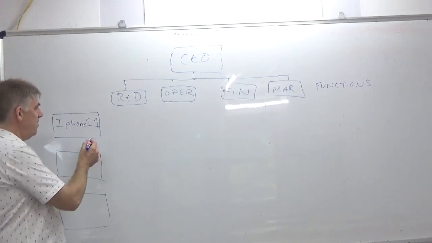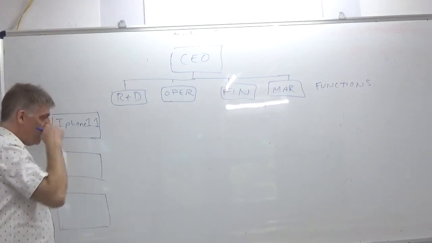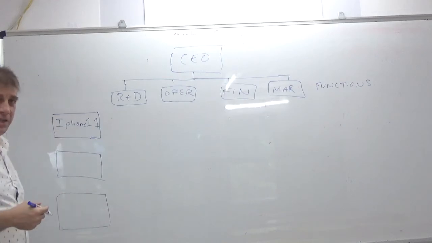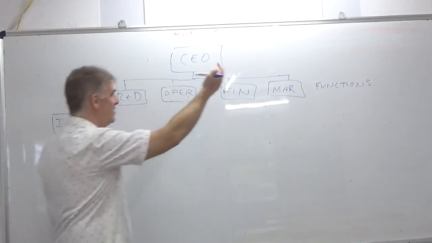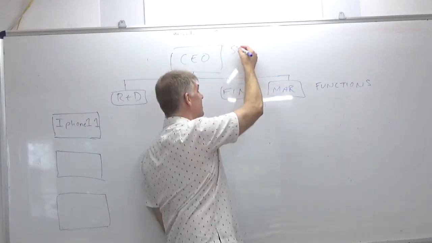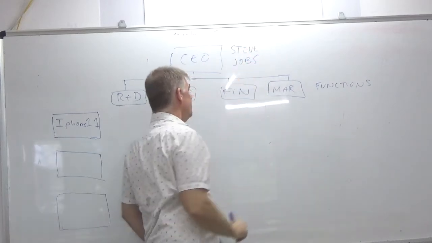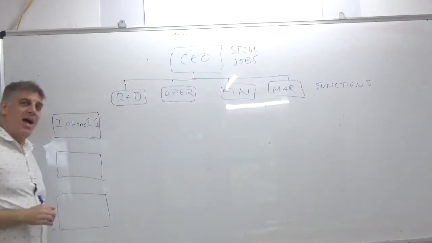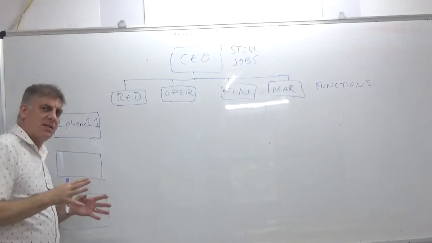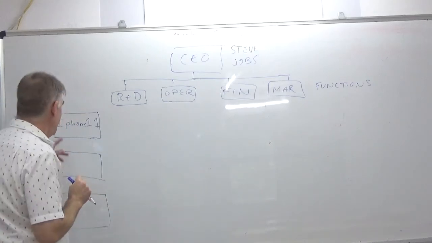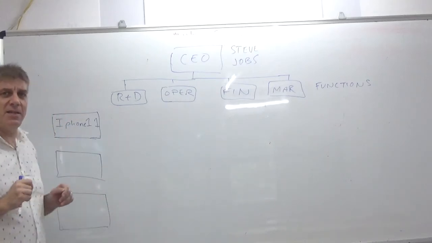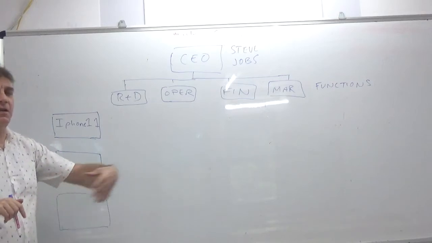So when the iPhone 11 project starts, the new CEO, I don't know, it was Steve Jobs. Let's say Steve Jobs is a ghost. He comes back and he wants to imagine what he wants from his iPhone 11. He says, I want a phone that can fly.